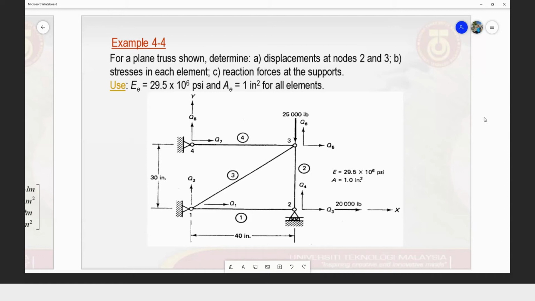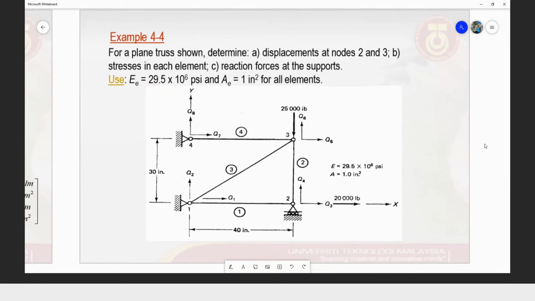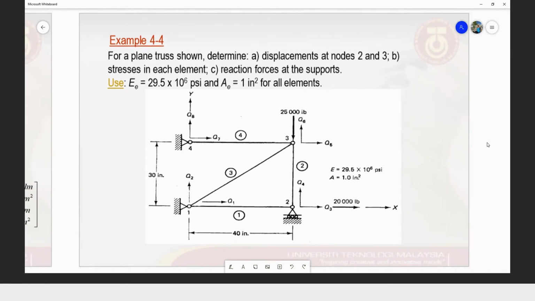The explanation that we are going to discuss tonight is very similar to what we have on YouTube. We may look at this problem quickly, and then we can move on to other problems on plane trusses. All right.